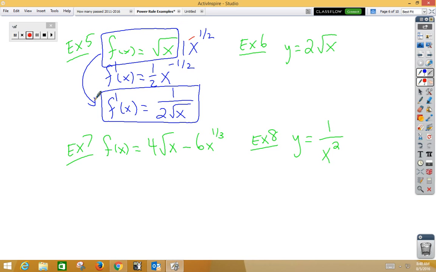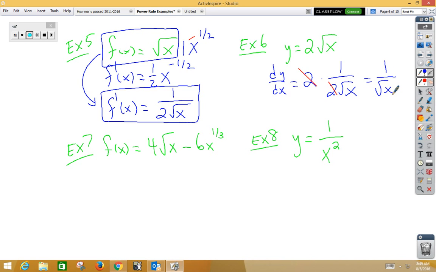In example 6, dy dx is equal to, now here we have the same root function again, so we can do 2 times 1 over 2 root x. 2's can cross out, and we're ending up with 1 over root x.